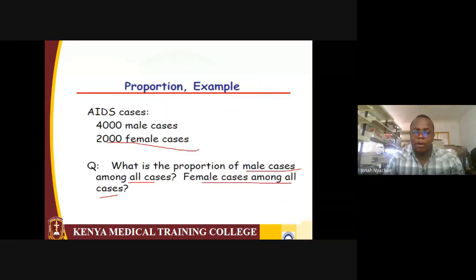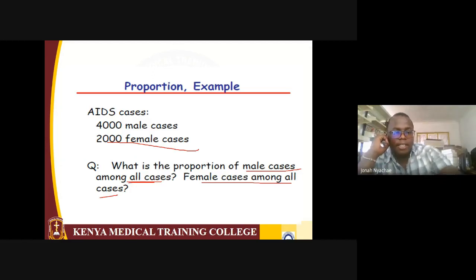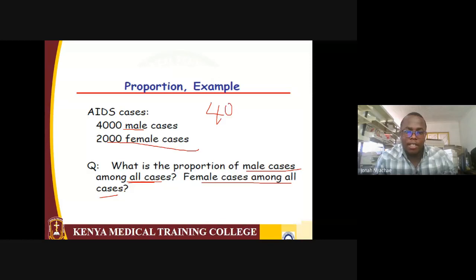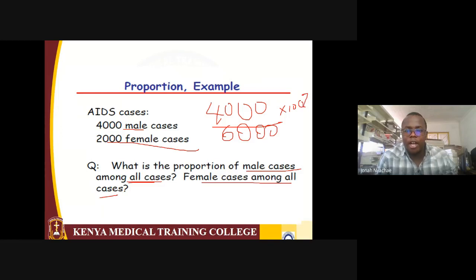So here we are talking about the proportion of male cases among all cases. The cases of HIV here are 6,000. So the proportion of male is 4,000 over 6,000, and then we can express it as a percentage or as a decimal.